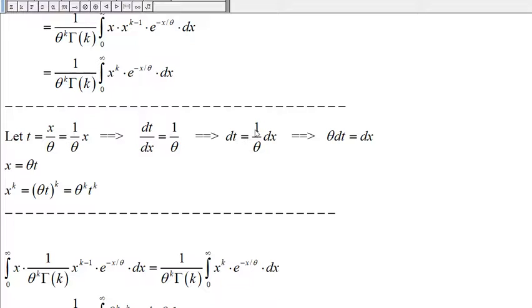So dt will be 1 over theta times dx. And so we have theta times dt is equal to dx.